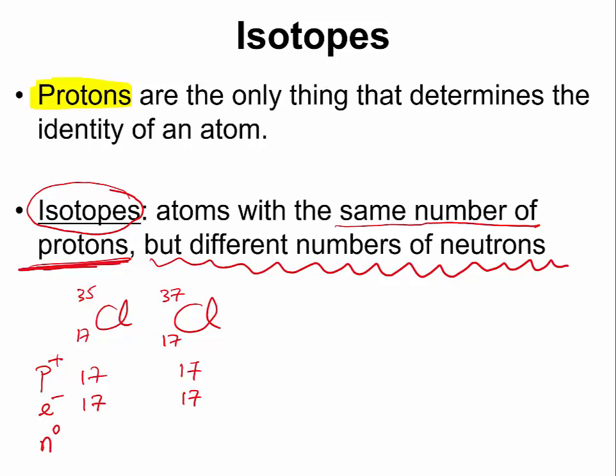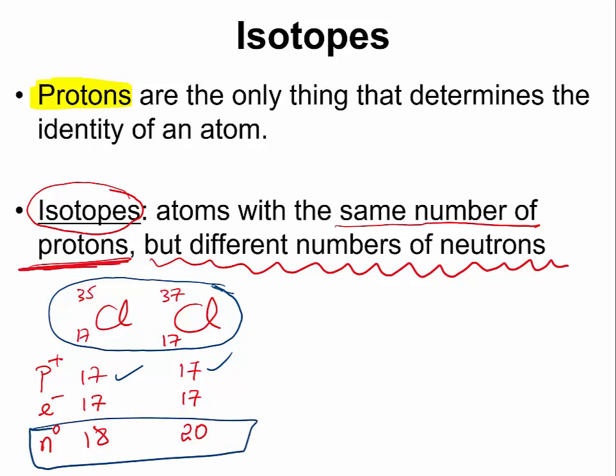And the number of neutrons in the first one, which is called chlorine 35, is 18, while the number of neutrons in the second one, which is called chlorine 37, is 20. And these two are called isotopes because although they have the same number of protons, the number of neutrons in their nuclei are different.